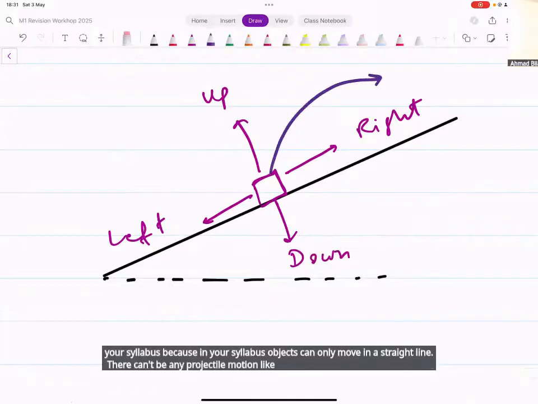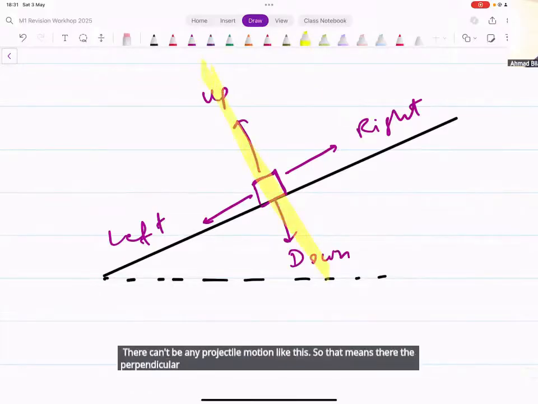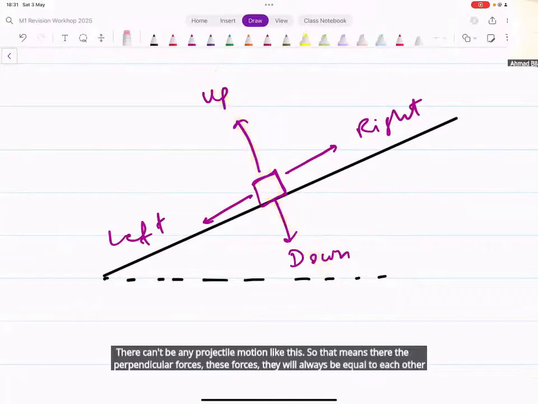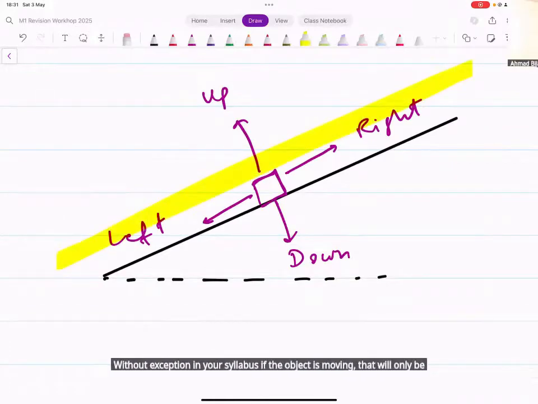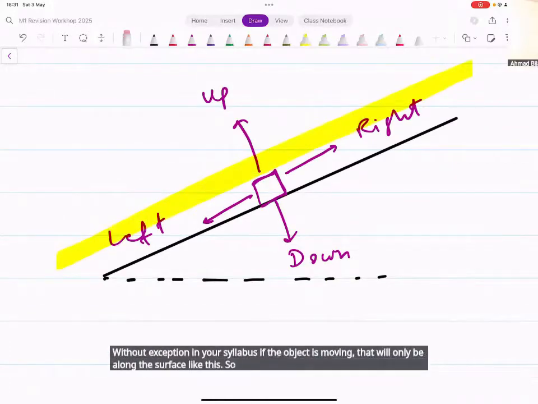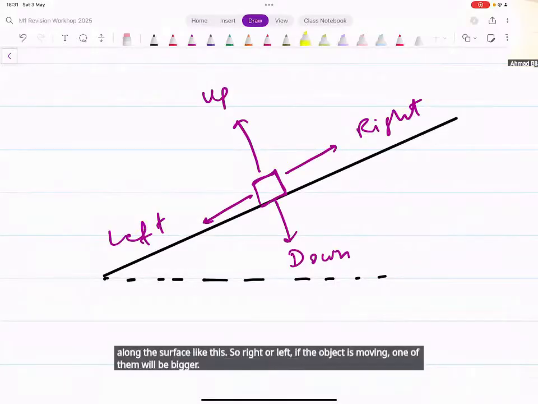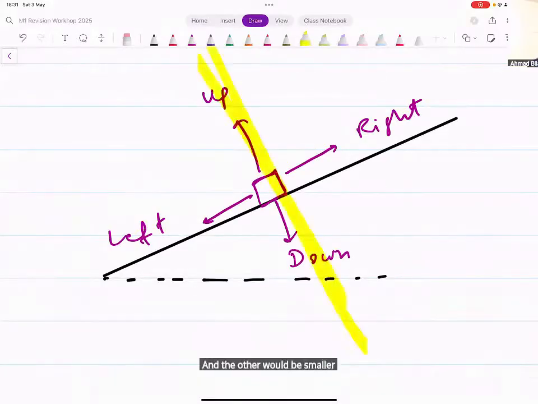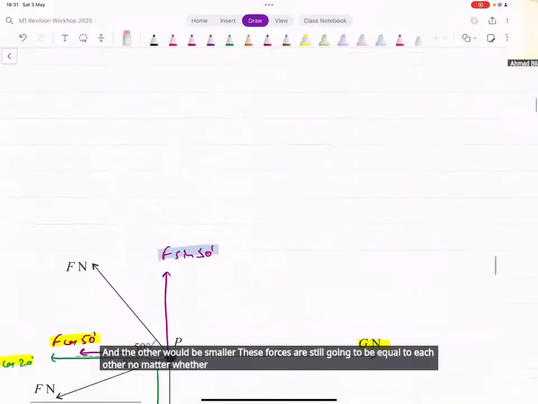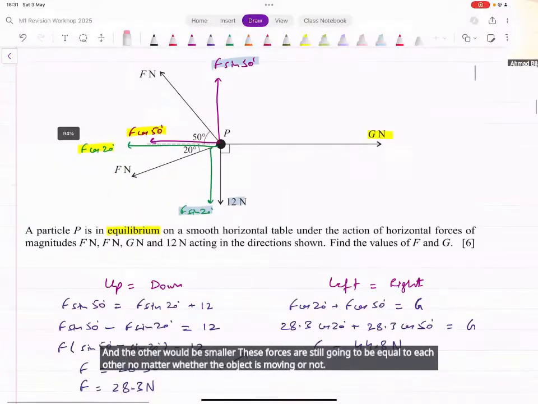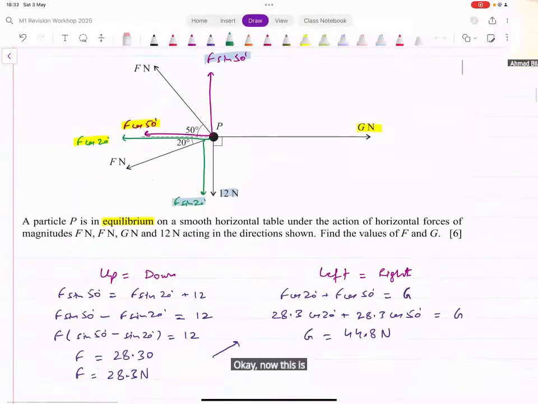So that means the perpendicular forces will always be equal to each other without exception in your syllabus. If the object is moving, that will only be along the surface like this. So right or left, if the object is moving, one of them will be bigger and the other would be smaller. But these forces are still going to be equal to each other, no matter whether the object is moving or not.